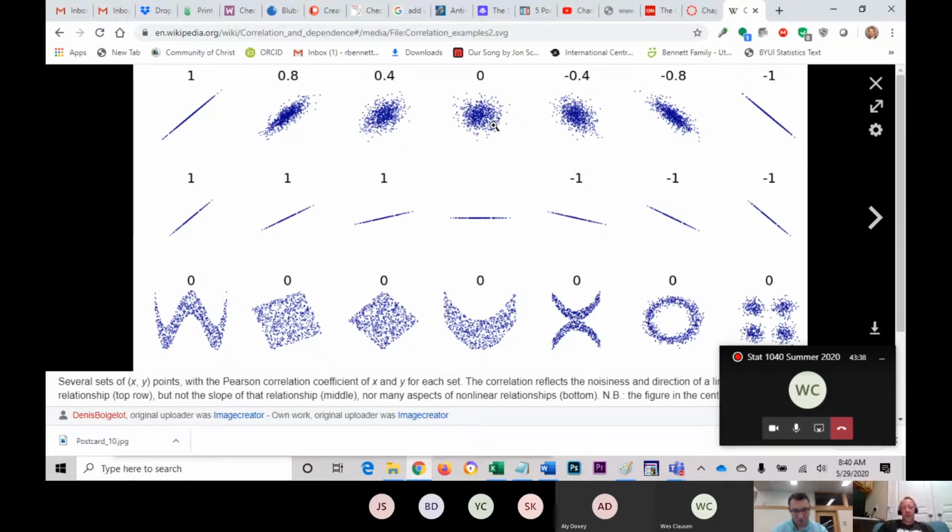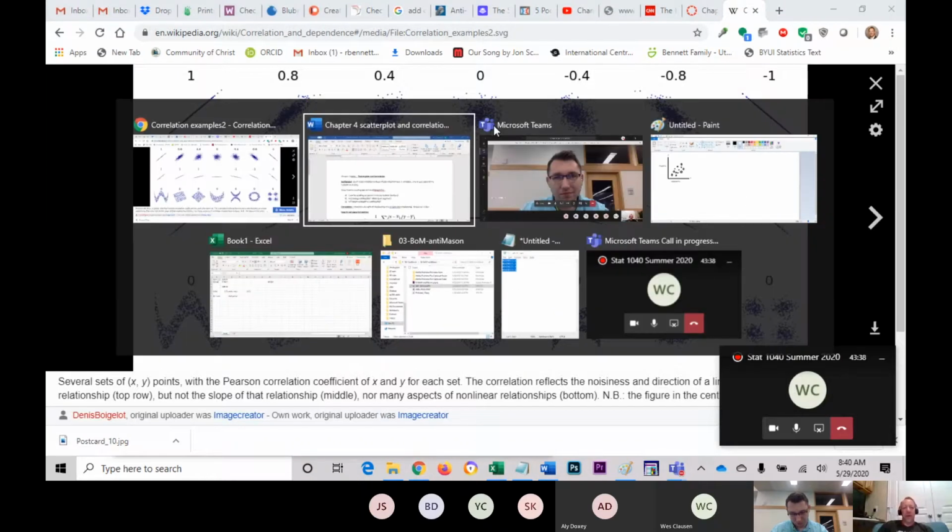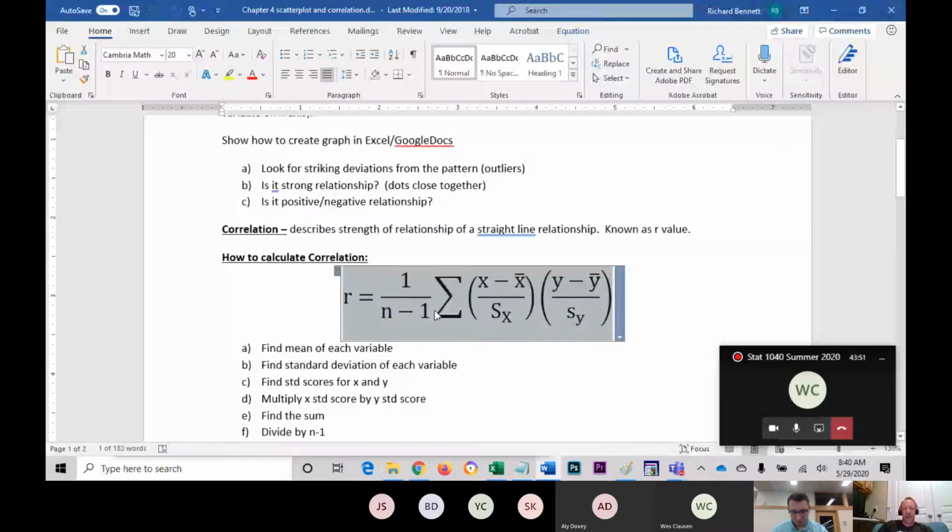we've got a formula for the correlation coefficient, which is this formula right here. Okay, so R equals 1 over n minus 1 times the sum, and you can think of these as z-scores. This is your x minus x bar, the x minus the mean over the standard deviation of x, and y minus y bar over the standard deviation of y.